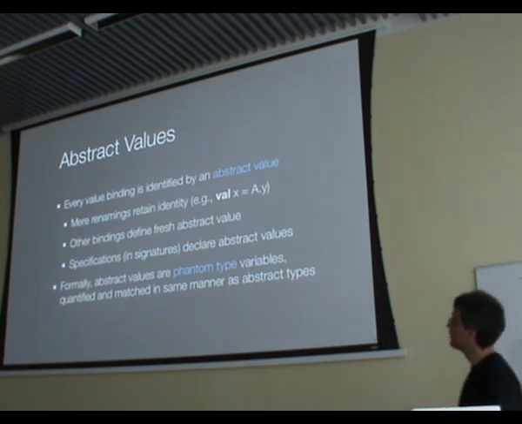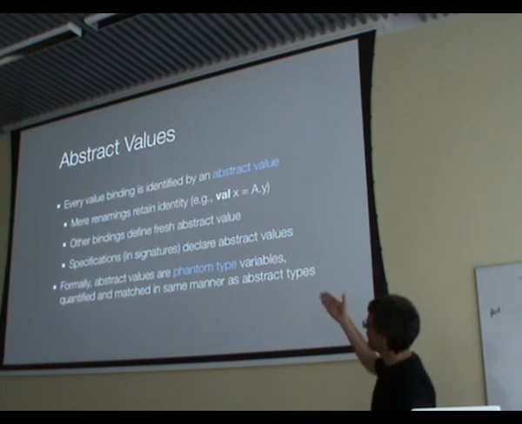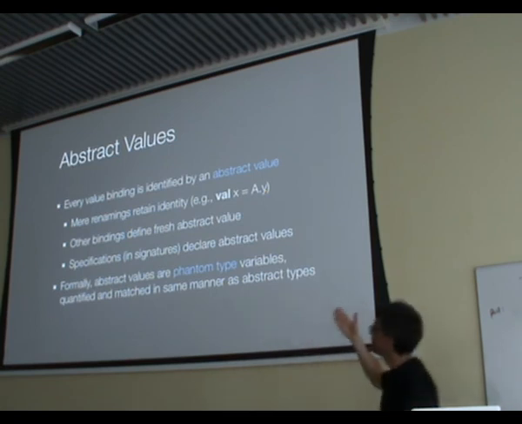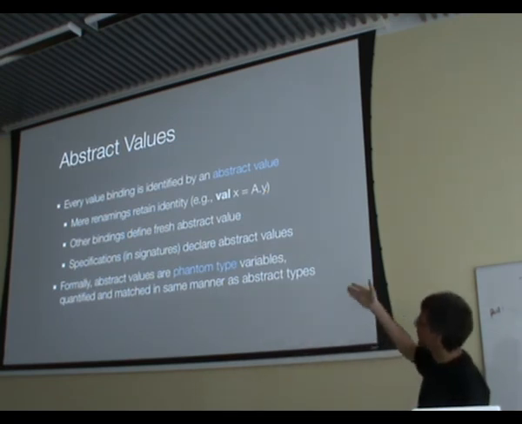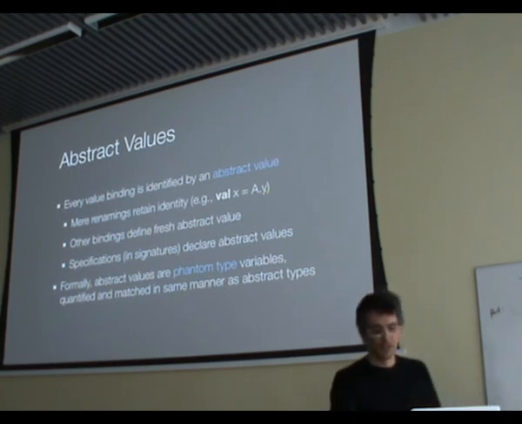Technically, the way we do that is using phantom types in our semantics. So every value binding is associated with a type variable that you then quantify over, for example, in a signature, in the same way you do with abstract types. And you can really handle it in a pretty consistent manner.